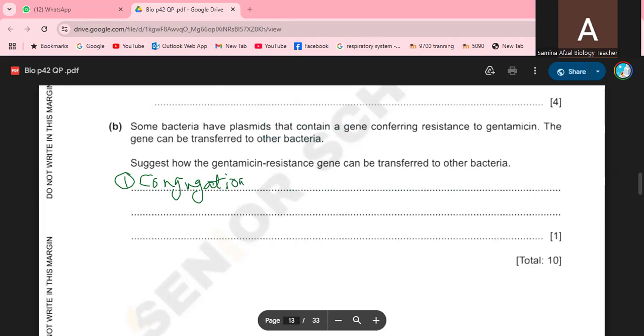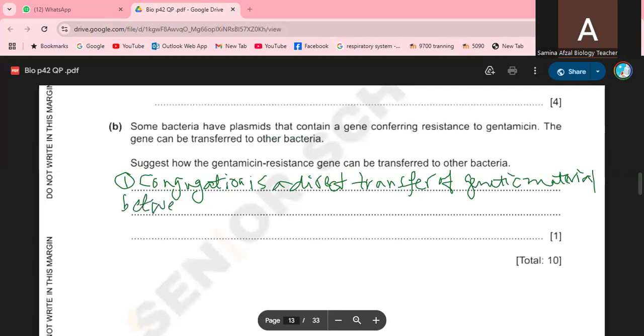During conjugation, there is a direct transfer of genetic material between bacterial cells when physically in contact.